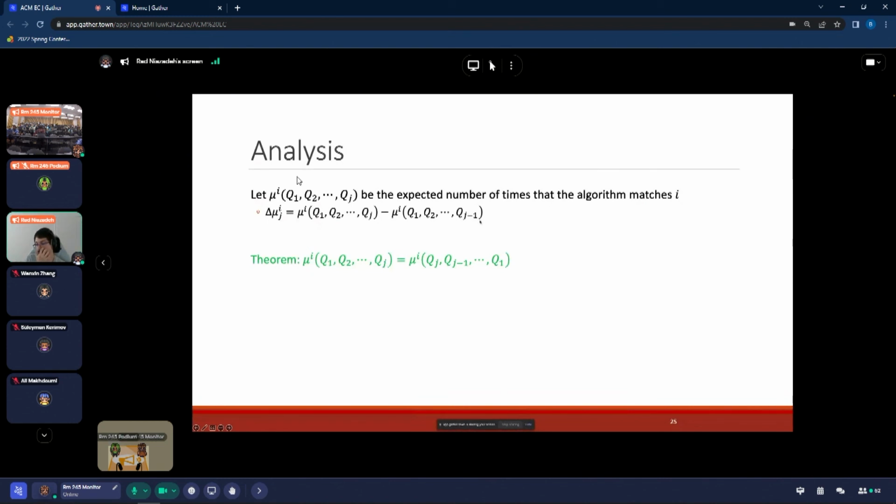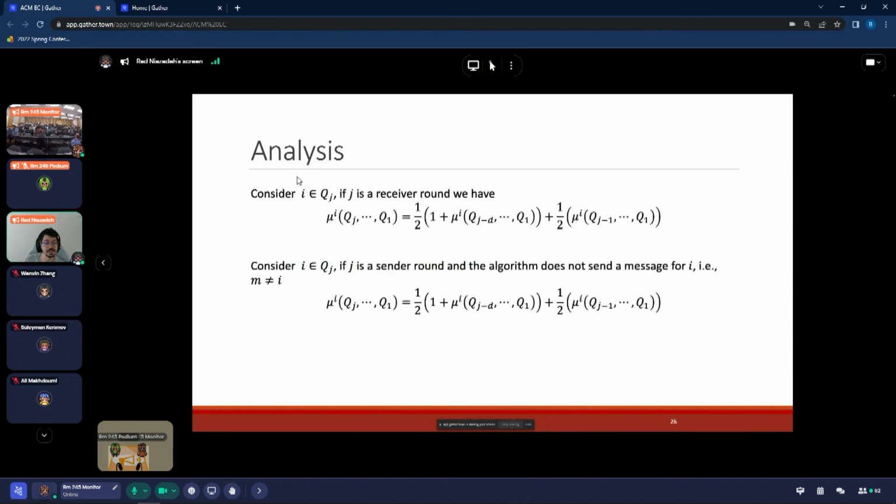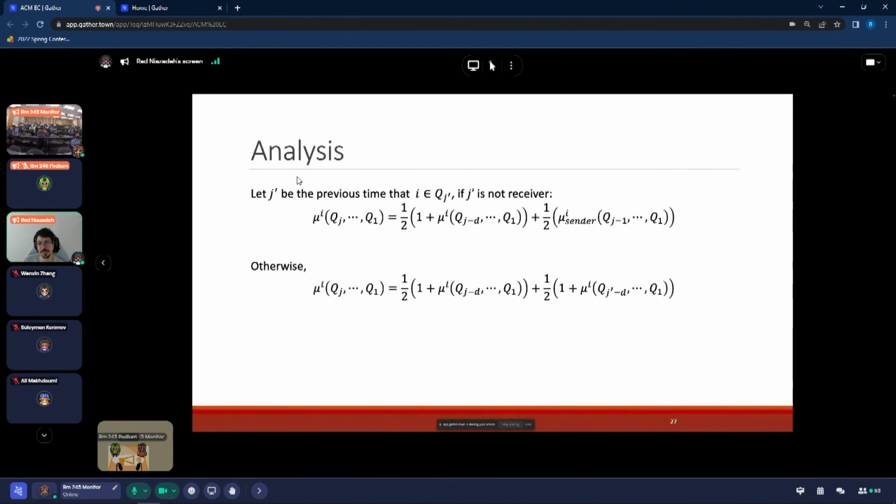In the observation, we show that mu(q_1, ..., q_j) is the same as mu(q_j, ..., q_1). That shows that if we reverse the sequence of the proposals, the algorithm matches the vertex I the same number of times. Using that property of the algorithm, we can actually calculate the probability that the algorithm matches vertex I, and we get the following. You can find the details in the paper.